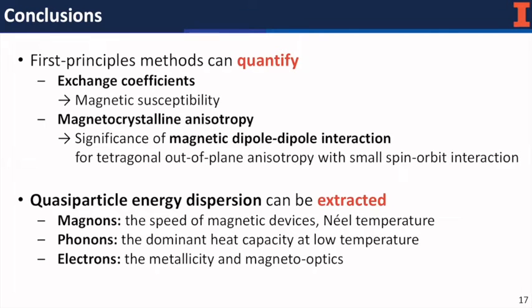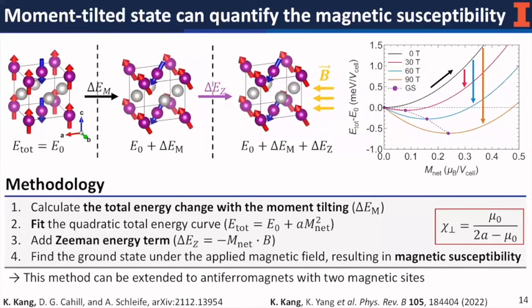What is the utility to include the Zeeman term? In this case, I use it especially for the magnetic susceptibility calculation, because the Zeeman term is the energy change with how the net magnetization interacts with the external magnetic field.